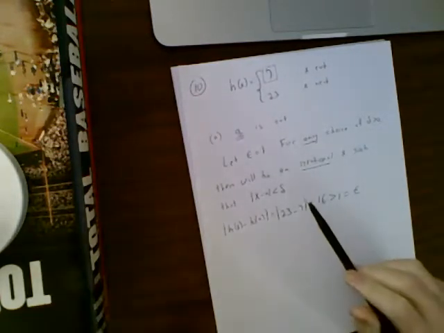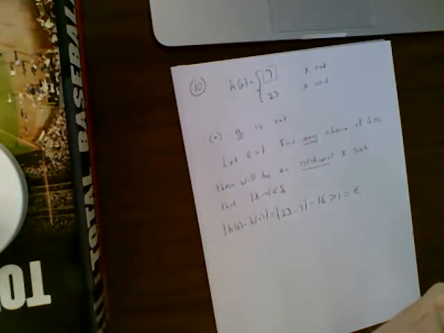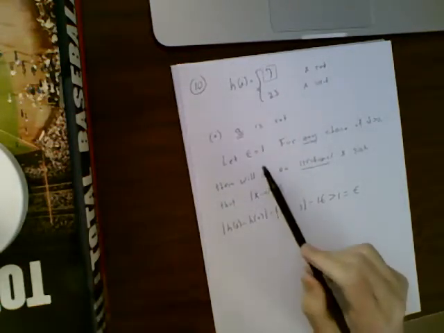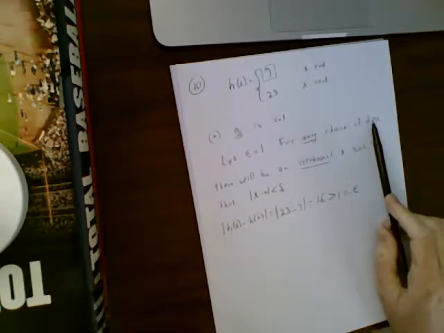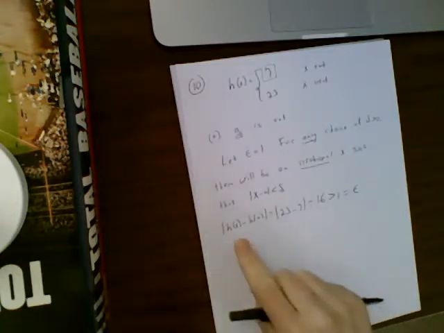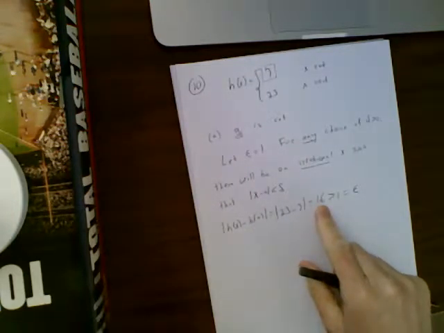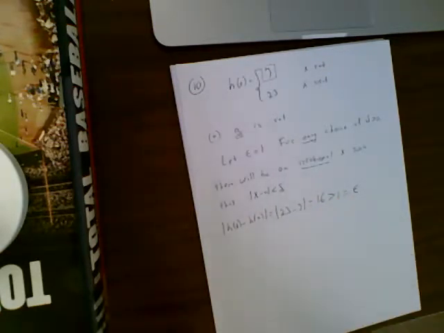So if you're continuous, for every epsilon you can find a delta. Well, for this particular epsilon, no matter what delta you try, there's an irrational x that's within delta units of a that pushes the function 16 units away from 7. So it's not within epsilon units of 7.